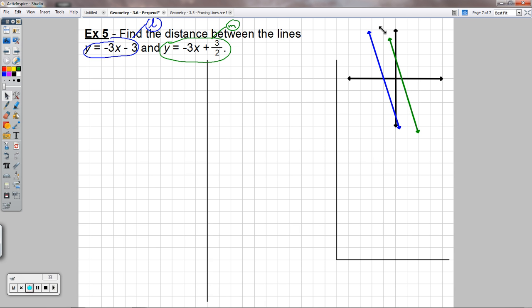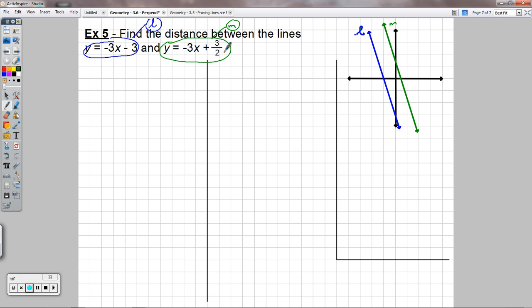So it's crossing -3/2, and we'd have another point right there. So this is going to be line L. Right here is line L. In blue, there we go. And right here is line M.